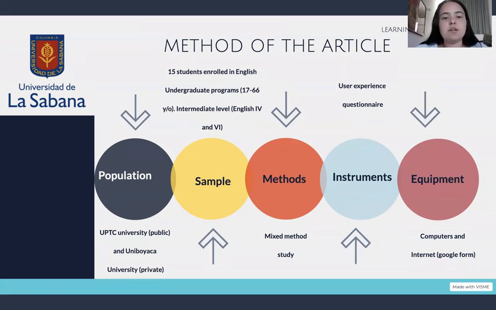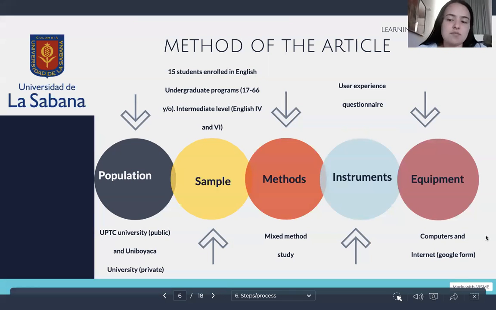The sample: there were 15 students enrolled in the English undergraduate program, from 17 to 66 years old, and they belong to an intermediate English level. The method, as I already stated, is mixed method. The instruments we used were a user experience questionnaire, and the equipment were computers, internet, and a Google form questionnaire.